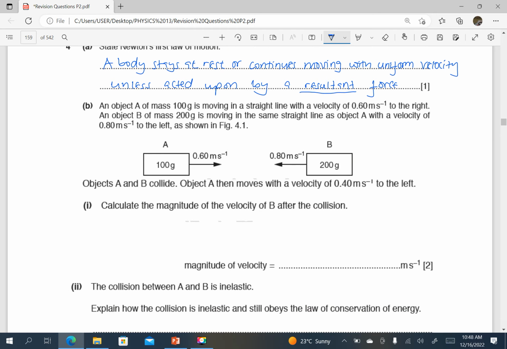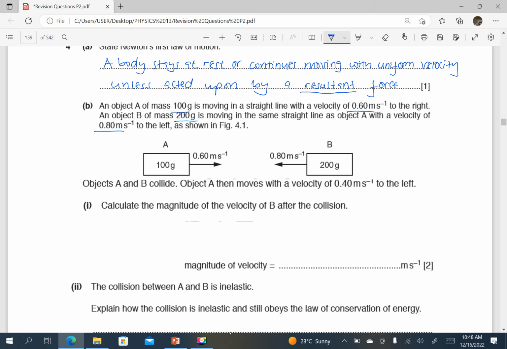velocity. An object A of mass 100 grams is moving in a straight line with a velocity 0.6 to the right. An object B of mass 200 grams is moving in the same straight line as object A with a velocity 0.8 to the left.